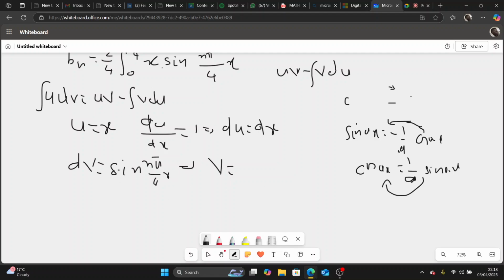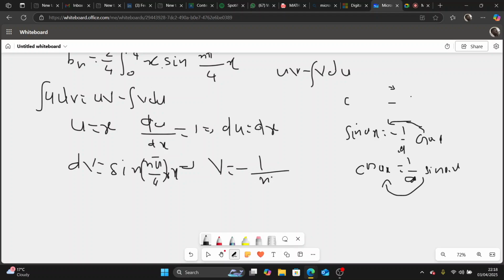What is this one here? Remember, I said it is a 1 over a. So let me write. Let's look at your a. Everything here, n pi over 4. Do you agree? Yes. When I say 1 over a, it has to be negative because it is sine. 1. What is a?